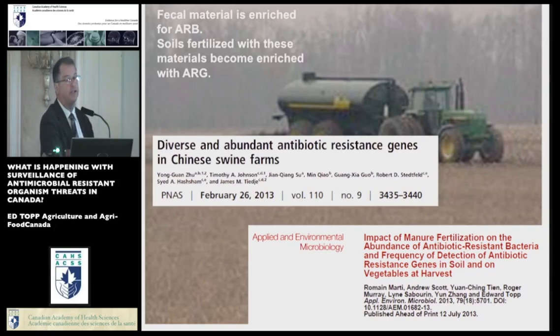And in fact, we can show in many instances a transfer of bacteria from manured ground to the crops that are harvested from that ground, which is another potential transmission route to people or to animals that are grazing that ground.